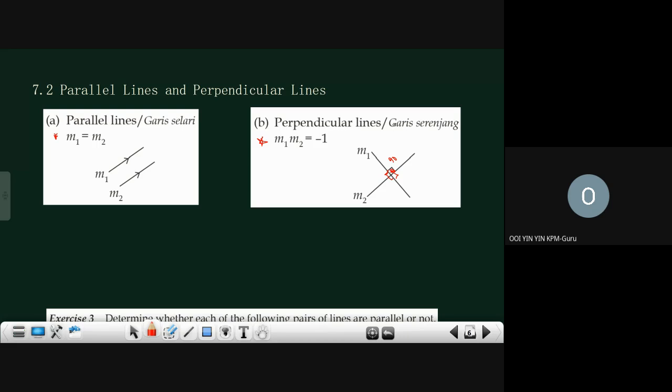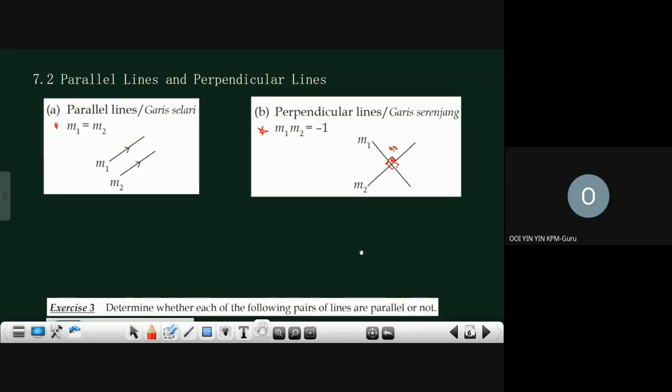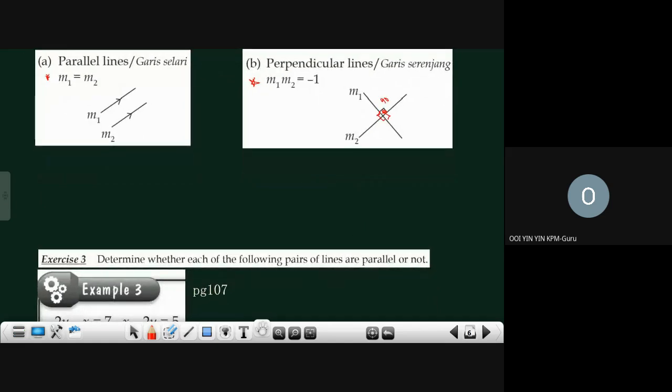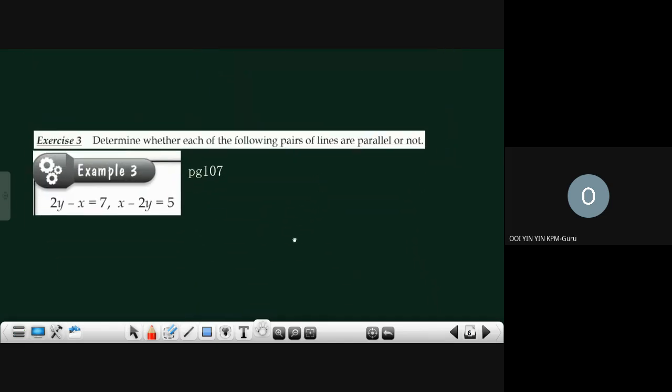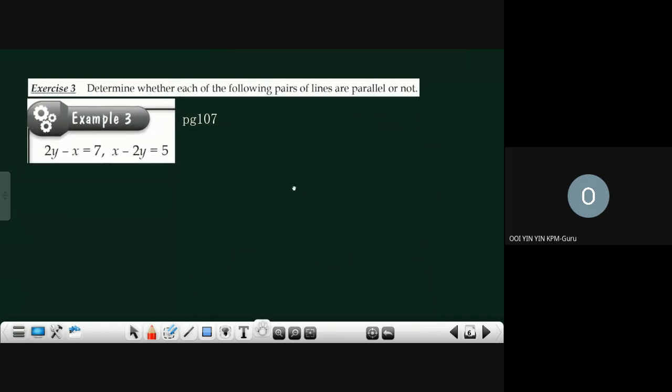For perpendicular lines, M1 multiply M2 gives you -1. Be clear with parallel and perpendicular lines, what are their properties? 它们的特点是什么？Apa dia punya sifat dia tu? You kena tahu.